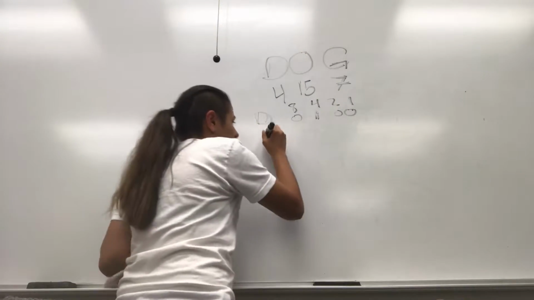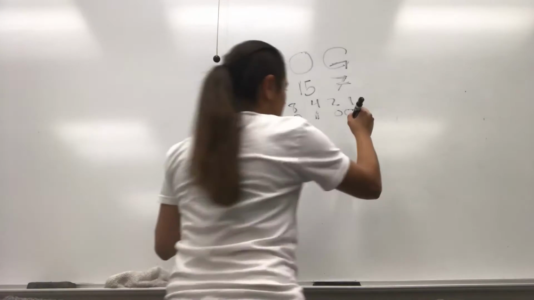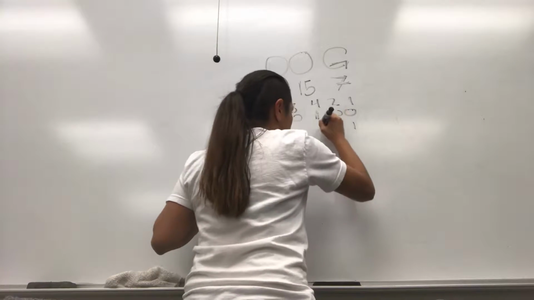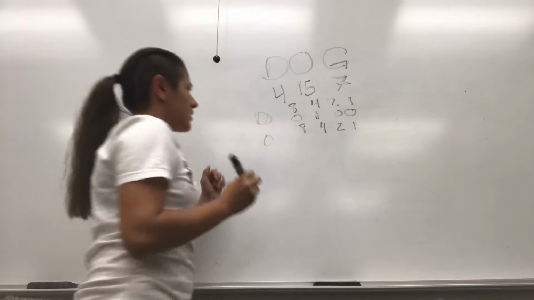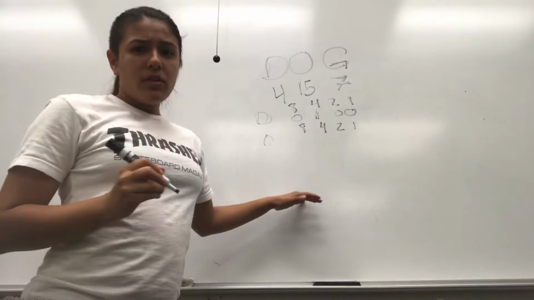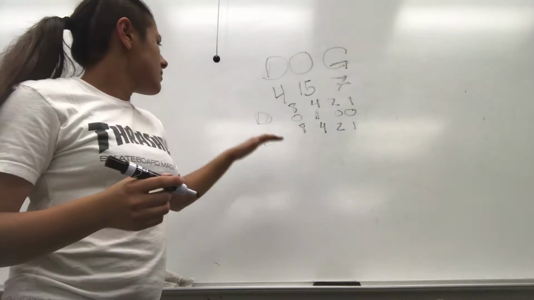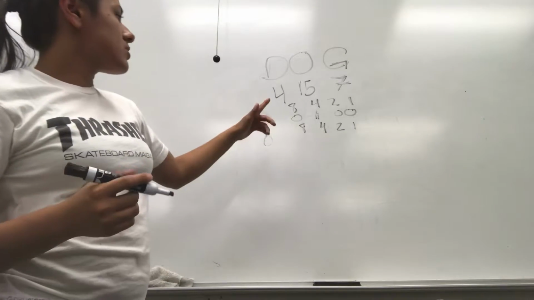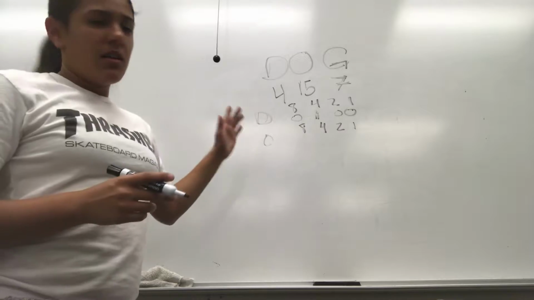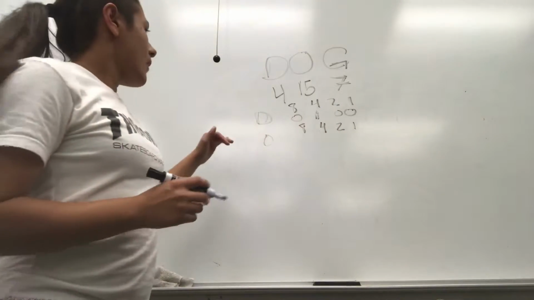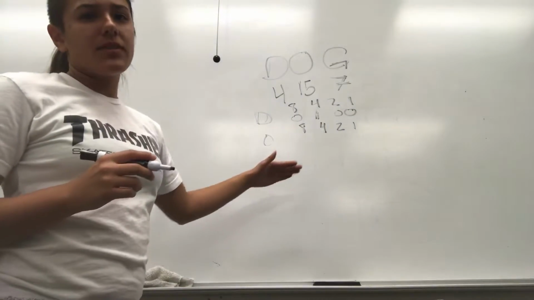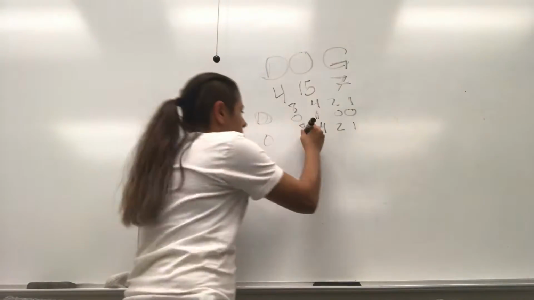Now say I want to do O. So the chart will be 1, 2, 4, 8. If I want to do O, which is represented by the number 15, I would have to subtract down or count down. So 8 does fit into 15 1 time, so that will be a 1.